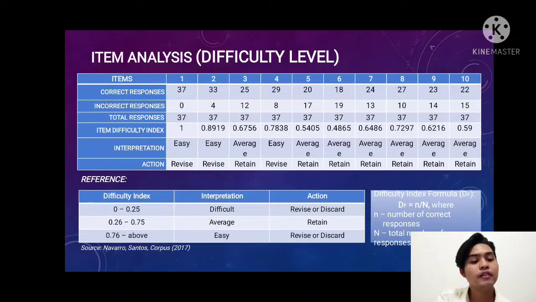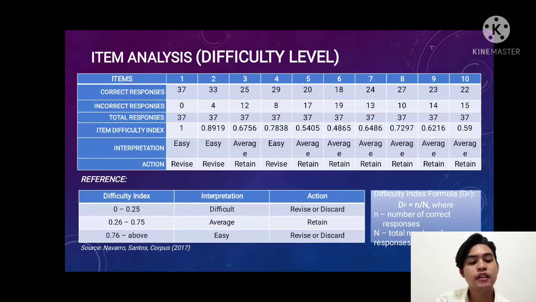In item number 8, got 27 correct responses with 10 incorrect responses, and item difficulty index of 0.7297 with an interpretation of average, and the action should be retain. In item number 9, got 23 correct responses, 14 incorrect responses, and its item difficulty index is 0.6216 with an interpretation of average, and the action should be retain.